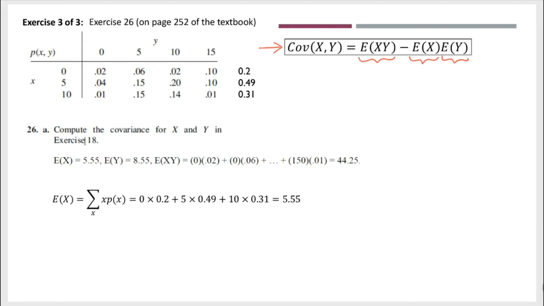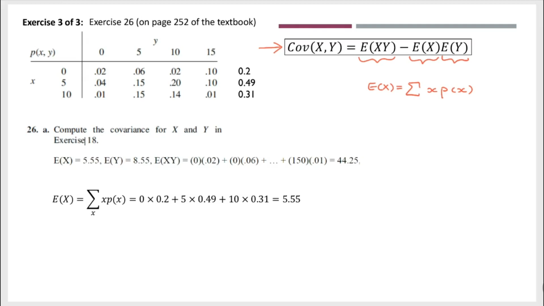So the expected value of x is basically as you know it from the definition. Remember, it's the sum of x times p(x), okay? So that's from chapter 3. And in order to calculate this, you need the distribution of x. And remember, we have a special name for it. It's called the marginal distribution of x in this setting.